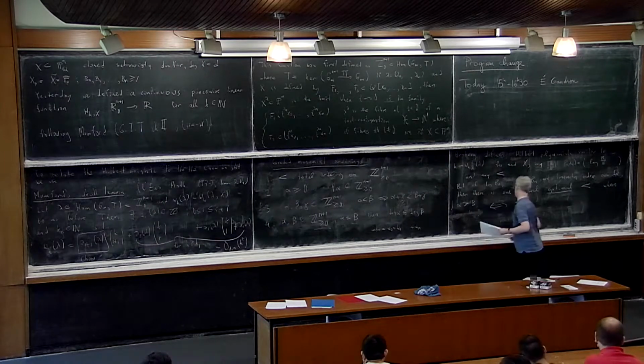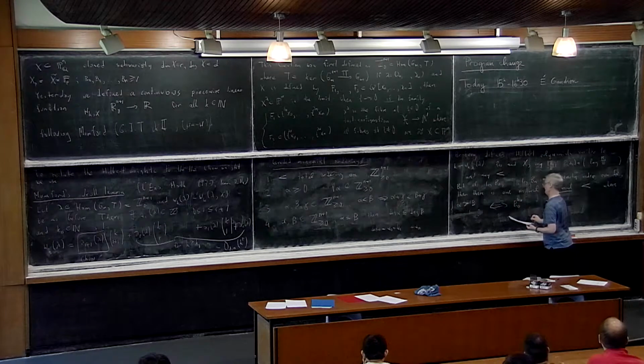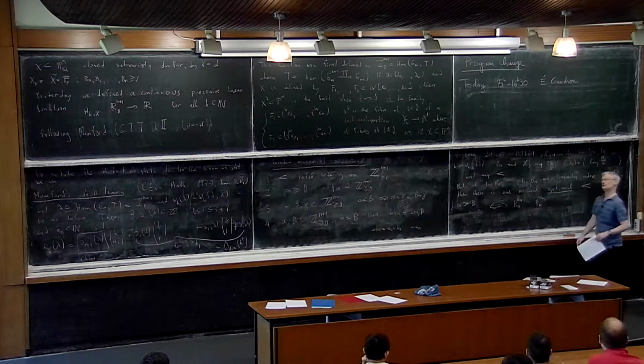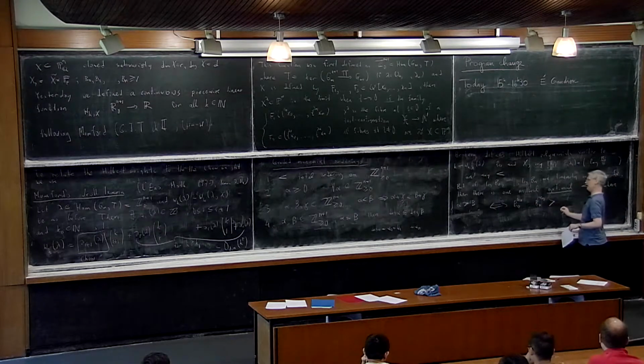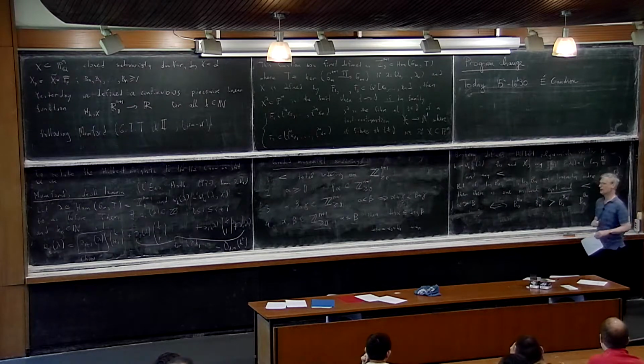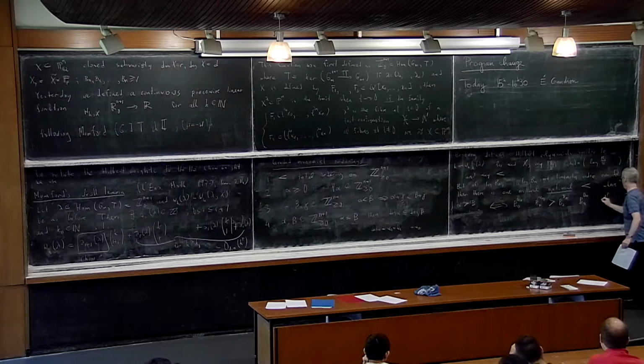This is true if and only if you just plug in these values: B0 to the alpha 0, up to Bn to the alpha n. So evaluate these monomials at this point, and then this is bigger than B0 to the beta 0, up to Bn to the beta n, if the degree of alpha is equal to the degree of beta.